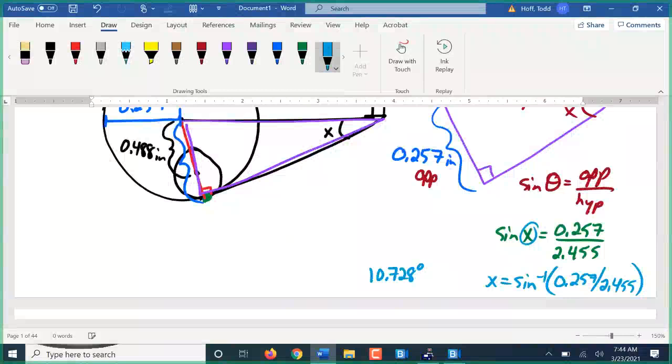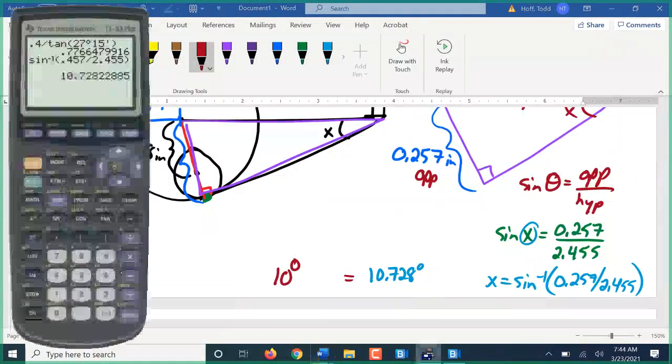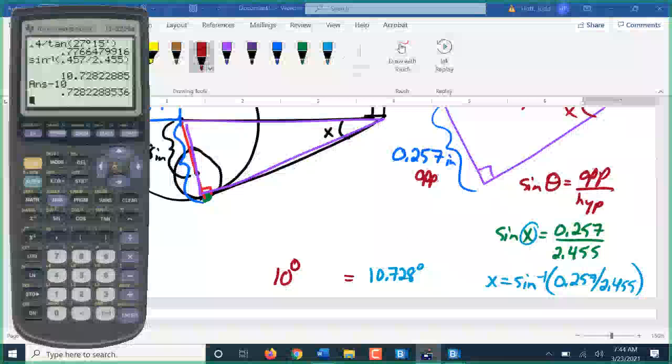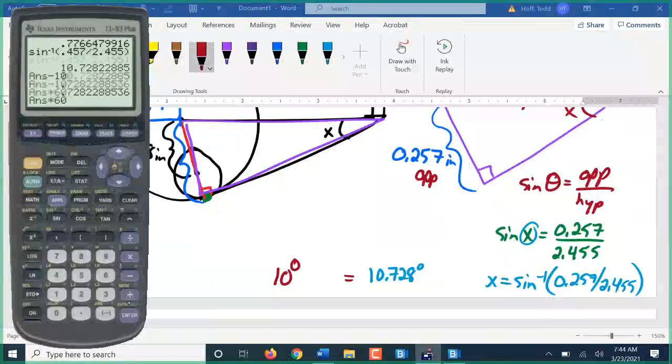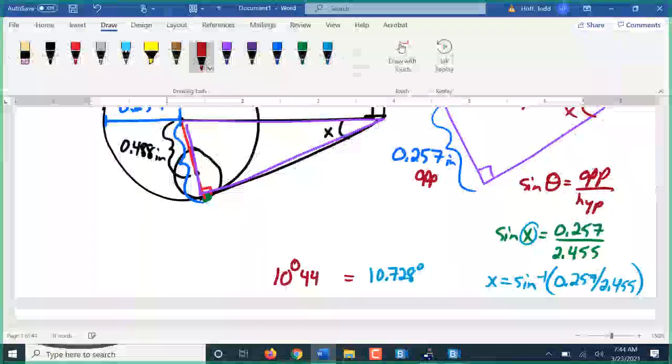Now, since all of our other angles have been in degrees and minutes, let's do that. So 10 degrees, we'll take the 10 off of here. And the rest of it, we're going to multiply by 60 to turn it into minutes. Looks like that's going to round to 44 minutes. So that angle is going to be 10 degrees, 44 minutes.